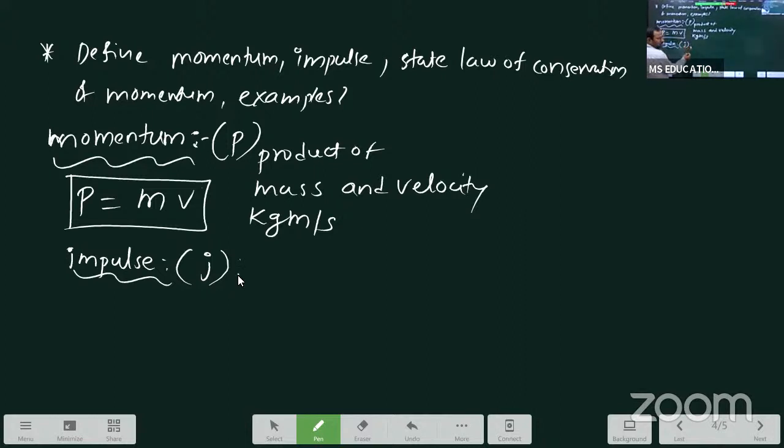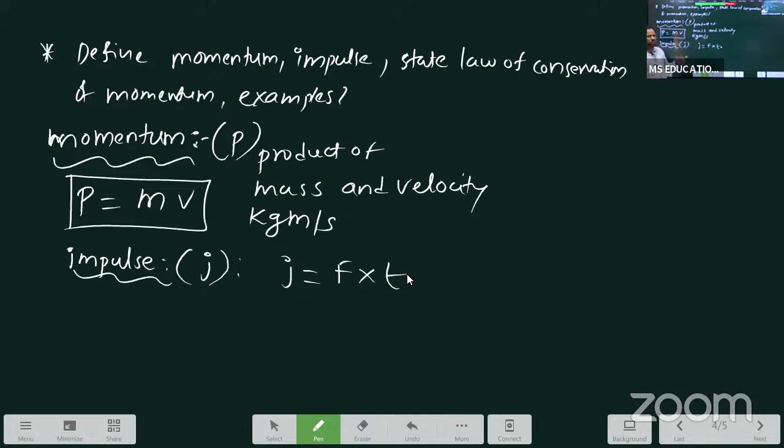What is the meaning of J? It means force into time. Capital F indicates force, t is the time. Product of force into time. Generally, impulse means a large amount of force acting on the body in a small interval of time.